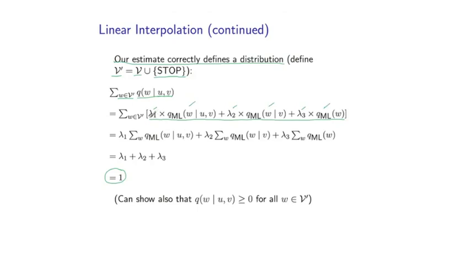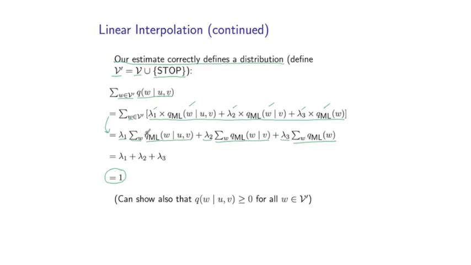So the first thing to notice is that these lambda parameters do not vary as W varies. So they can be brought outside the respective sums. And so this expression simplifies slightly. I have lambda 1 times the sum over W of the trigram estimate, plus lambda 2 times the sum over W of the bigram estimate, plus lambda 3 times the sum over W of the unigram estimate.